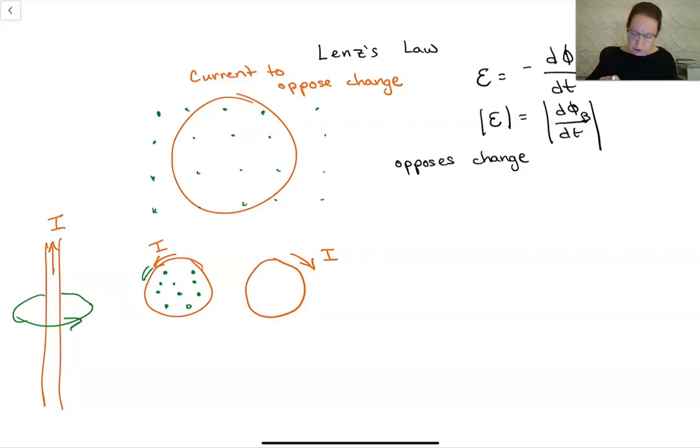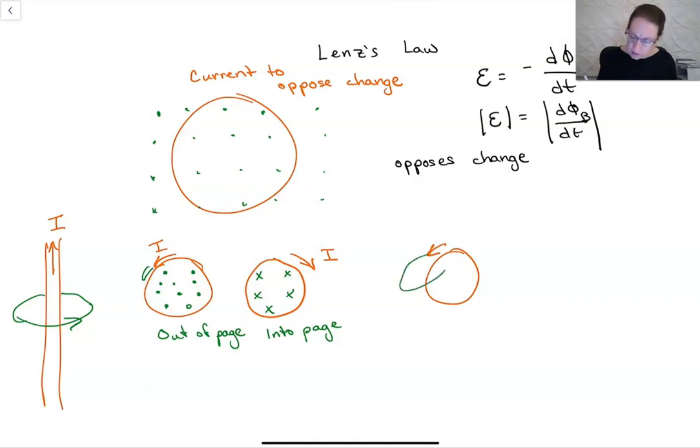And just to make sure, if I put my thumb in this direction, so my thumb is in the direction going clockwise, then I get, not surprisingly, magnetic field into the page, okay? So into the page, and this is out of the page. This is just looking at the inside. Of course, with a loop like this, if I have a current going like this, my magnetic field is really coming out and going back like this, right?